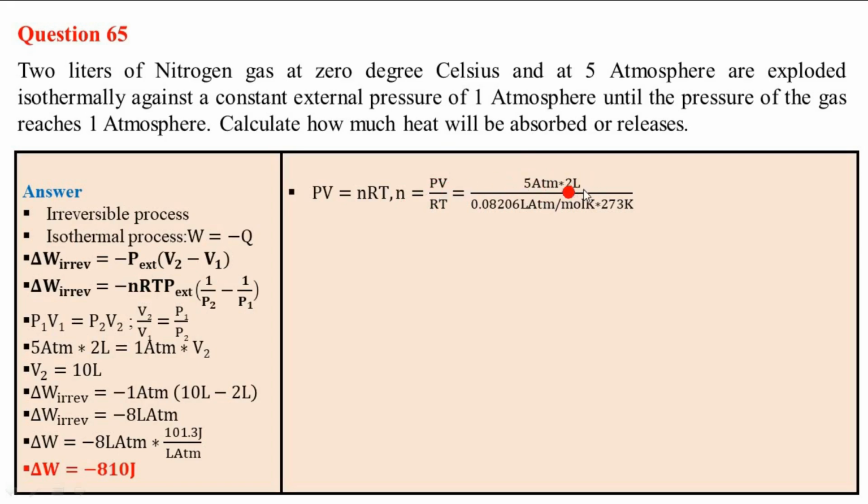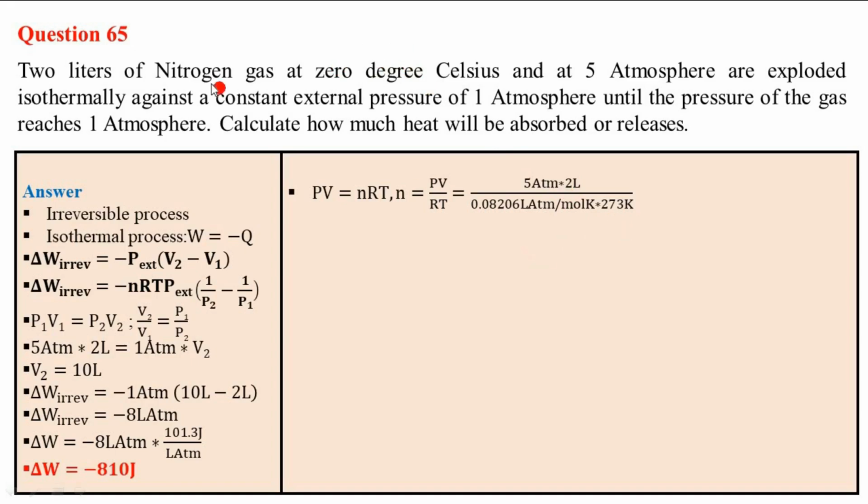The volume is 2 liters of nitrogen gas at 0 degrees Celsius and at 5 atmosphere. The gas constant we use is 0.08206 liter atmosphere per mole Kelvin, because we have the pressure in atmosphere. Then times the temperature, 0 degrees Celsius, which is equal to 273 Kelvin.